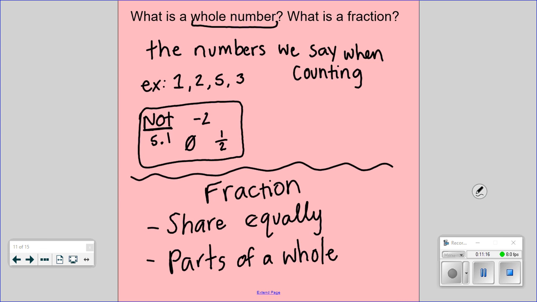So if I have a whole number, like 1, but I don't quite have the whole thing, like in our cookie problem, Ms. Jennings and I had to split that last cookie and we ended up with just a half. That's not a whole cookie, but it's part of a whole. Fractions can show parts of a whole.